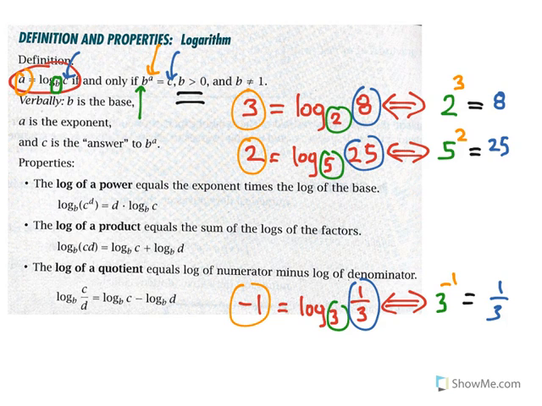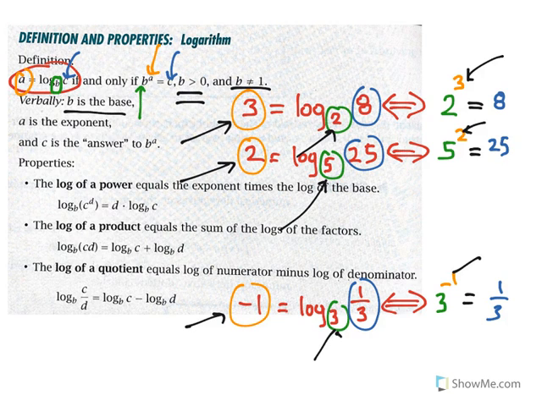The base b has to be positive and not equal to 1. We say b, 5, 2, 3, those are called the base. You can see that this a here, 3, 2, -1, those are the exponents when we rewrite each logarithmic equation in exponential form.